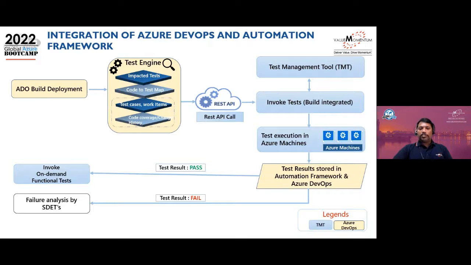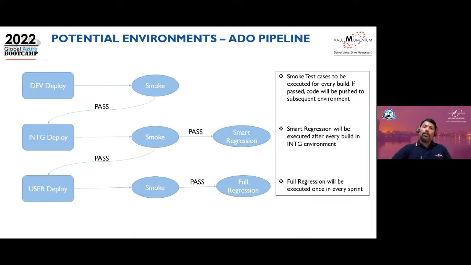Now let us go further on what all the environments that we have in the ADO pipeline, Azure DevOps pipeline. In the previous session, we learned about the ADO pipeline with CI/CD, continuous integration and deployment. So this is the next deep dive on that part.